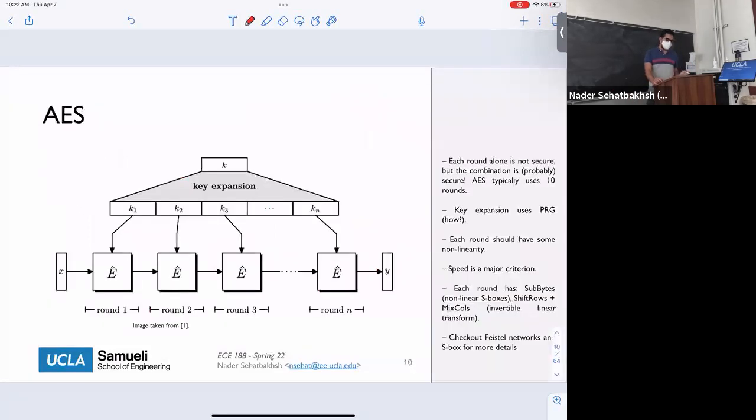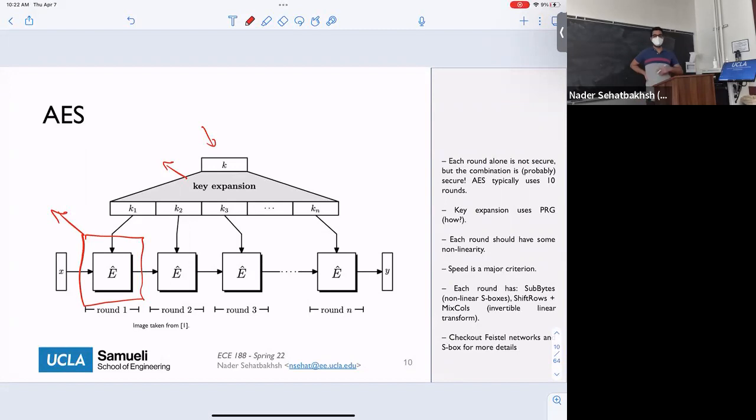Okay, so how does AES work? AES has a basic key. The key, using a key expansion algorithm, is expanded into multiple round keys. AES is this algorithm here, which I'm going to describe, but it's done in multiple rounds.